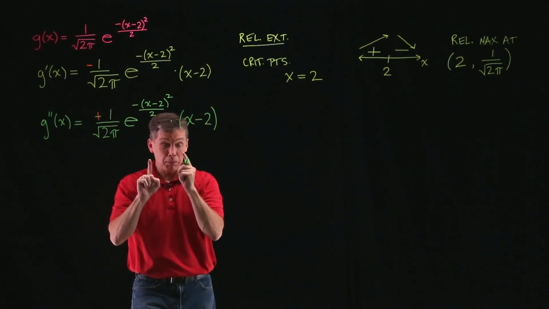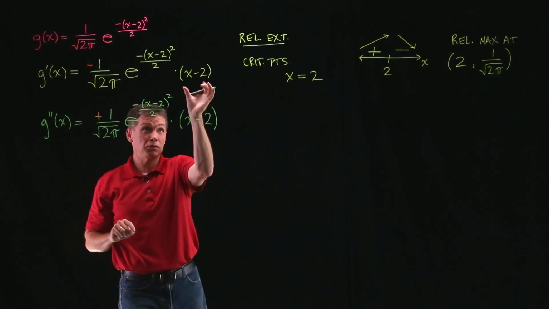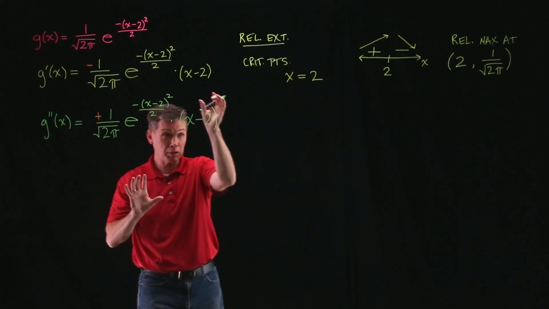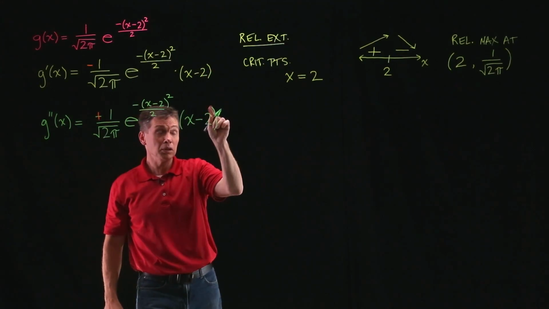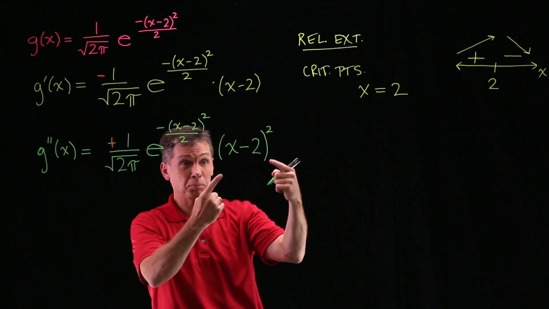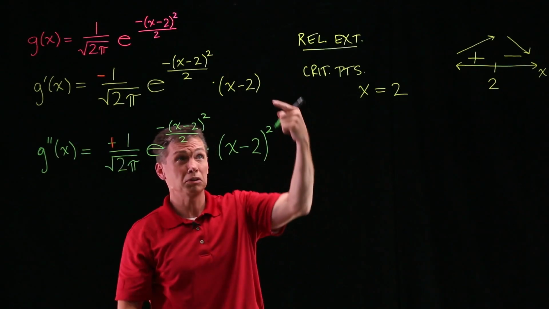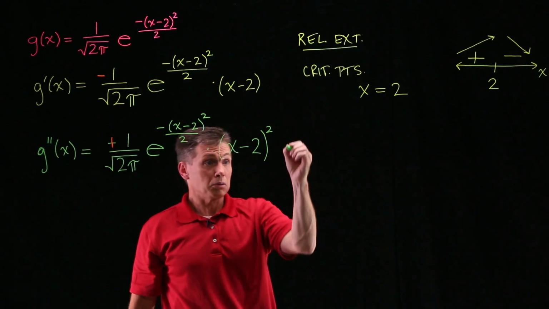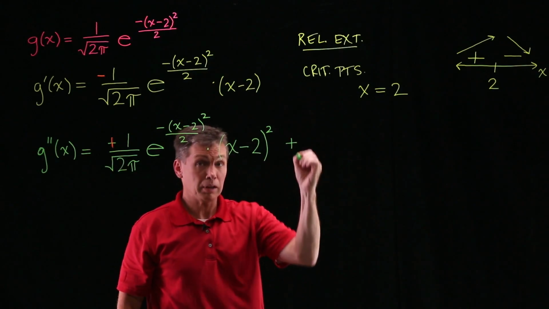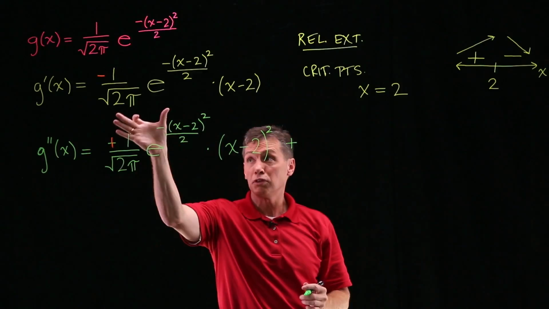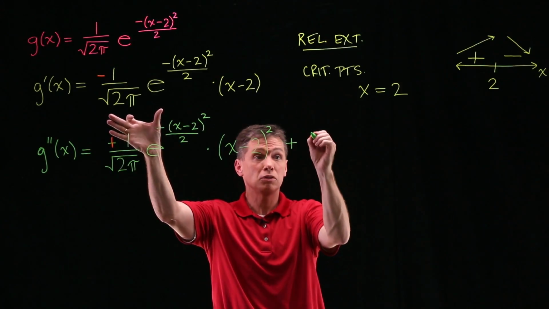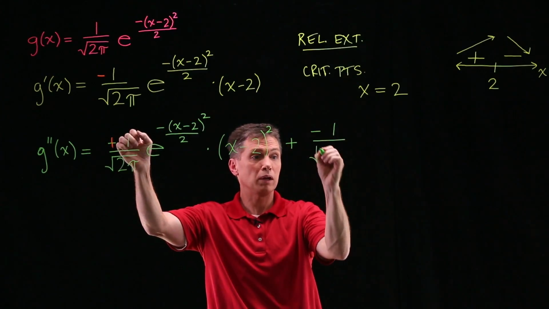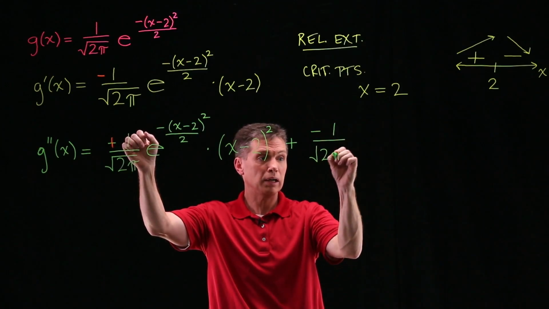Then I have to remember I'm in the middle of a product rule, so the second factor of the function remains the same right now. That's an x minus 2. So I'm actually going to square this because I'm multiplying this x minus 2 that I just wrote times this x minus 2. Okay. Still in the middle of a product rule, so I need a plus sign. And then the first chunk left alone, so that's going to be the minus 1 over square root of 2 pi.